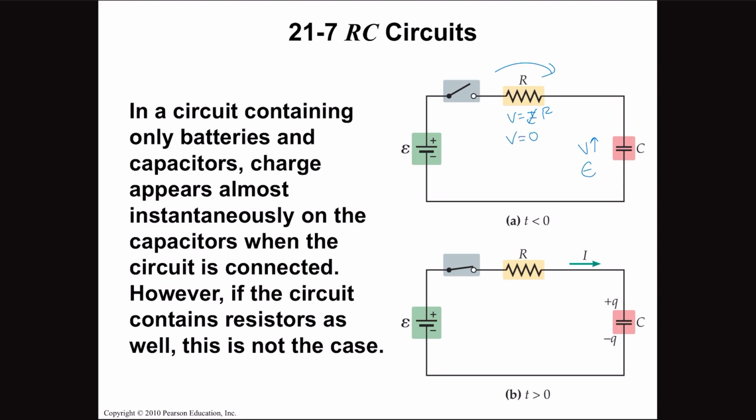So as the capacitor fills, they're going to flip-flop. When you first close the circuit, the resistor has all the voltage on it, and the capacitor basically acts like a short, like it's not even there. And then as the capacitor fills up, it takes up more and more of that voltage, which means less and less current can flow through because it gets harder and harder to push charge onto that capacitor, which means it slows down.